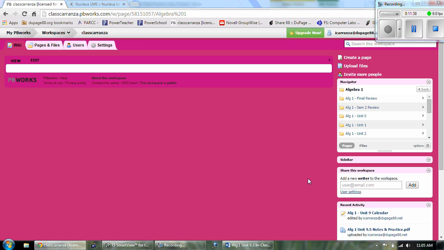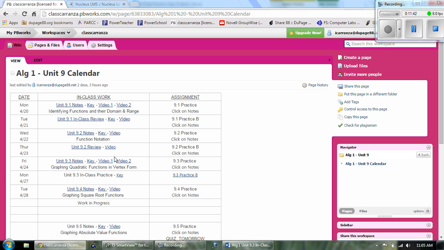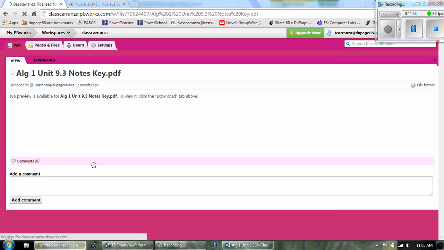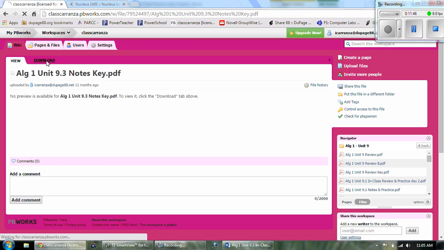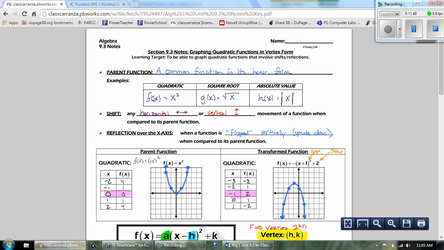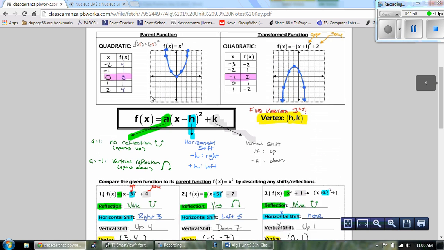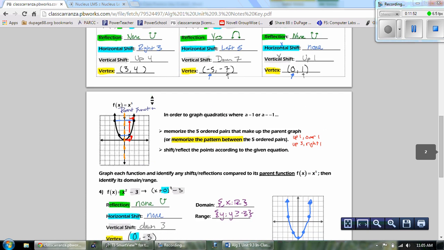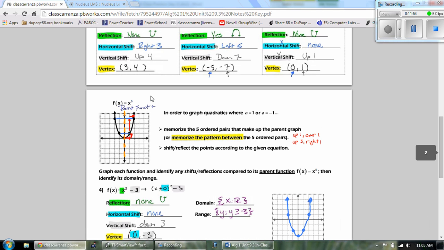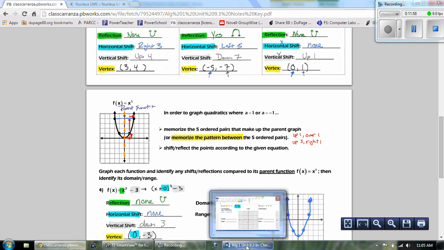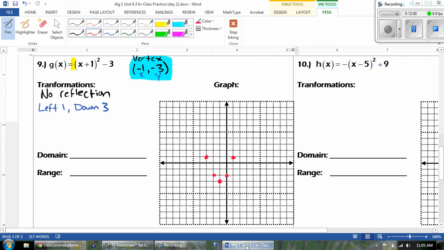So we're going to come over and look at the Algebra 1 Unit 9 calendar. There's the key to what we did. Let's look to see exactly how we said it. Up 1 over 1, up 3, right 1. See, that's exactly from our notes.